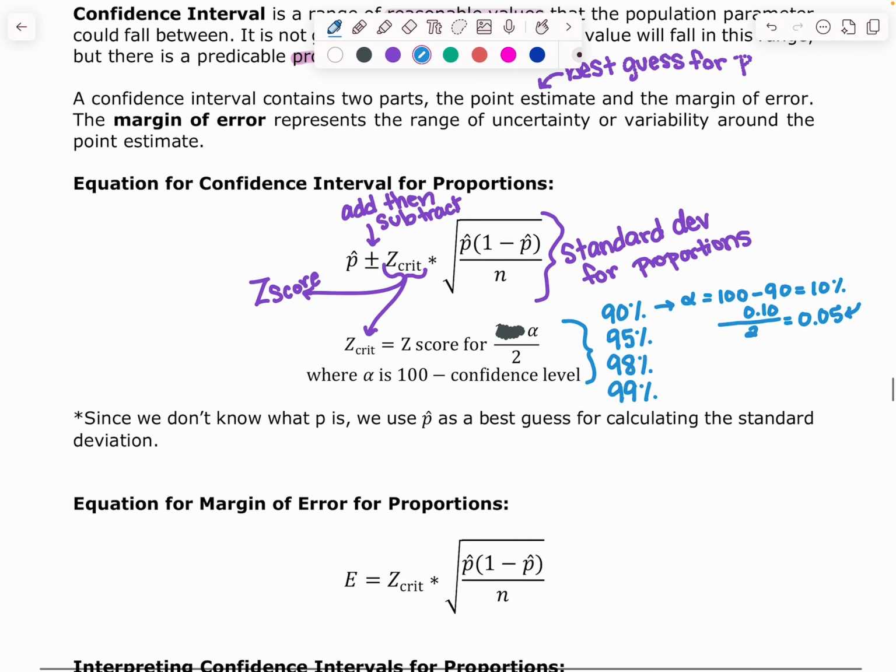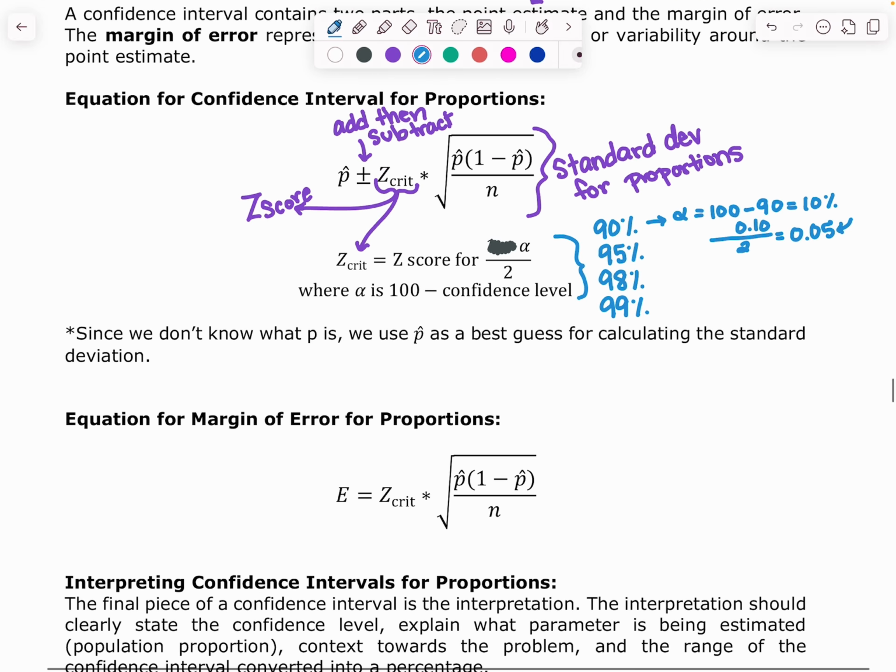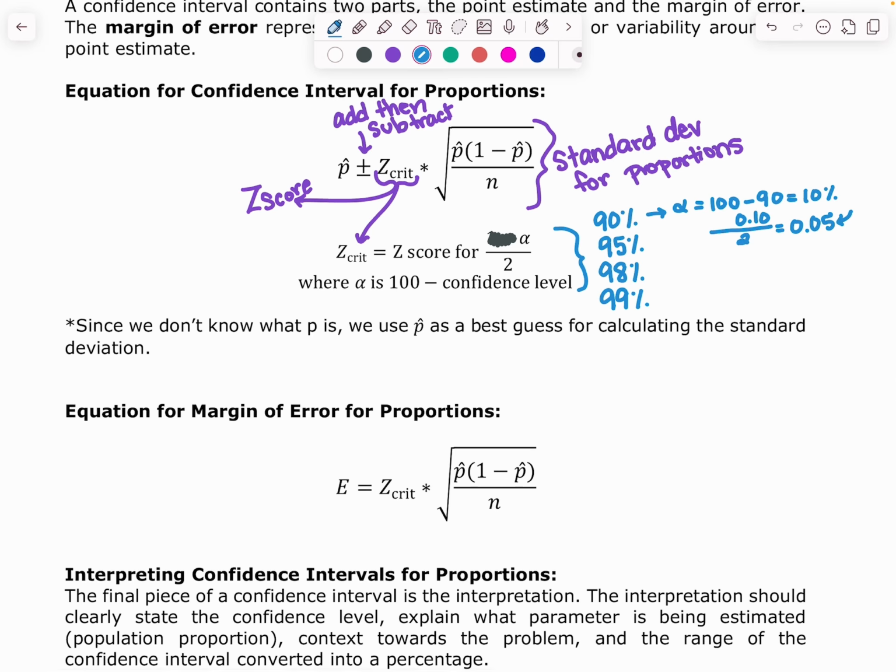The margin of error is the piece that is added or subtracted. So the margin of error is the z-score times the standard deviation. So this E stands for margin of error. And it is the z-score times the standard deviation.